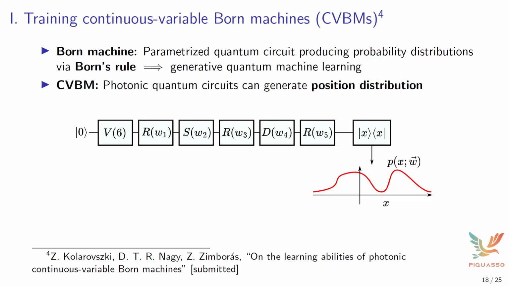It's a single mode photonic quantum circuit, and you have 5 weights, for example. The position distribution doesn't come out of the photonic quantum computer, but it's sampled from the position distribution, which depends on these parameters or weights.